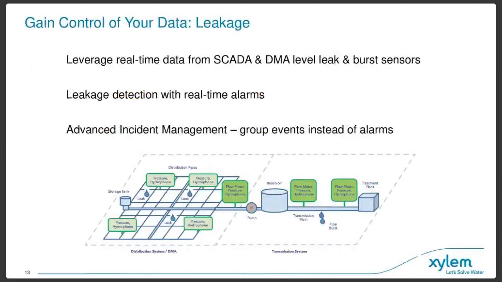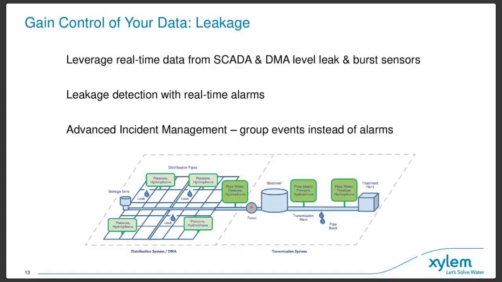So in terms of gaining control of your data, and specifically on leakage, it's about leveraging the real-time data that may already be there within the network, so SCADA data, DMA level data, but then also the newer types of loggers that are supporting smart water networks: transient sensors that are detecting very sharp changes in pressure, traditional pressure level type sensors, and also acoustic loggers or hydrophone sensors, both within the trunk mains and transmission mains, but also within the distribution network.